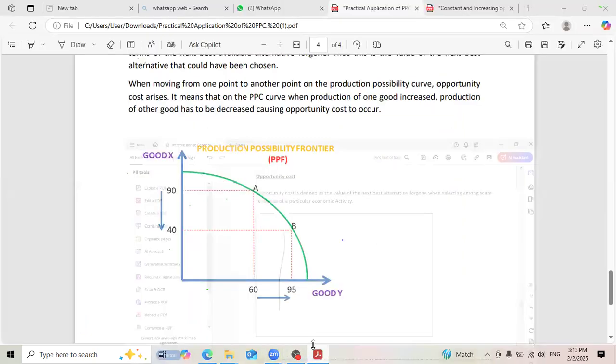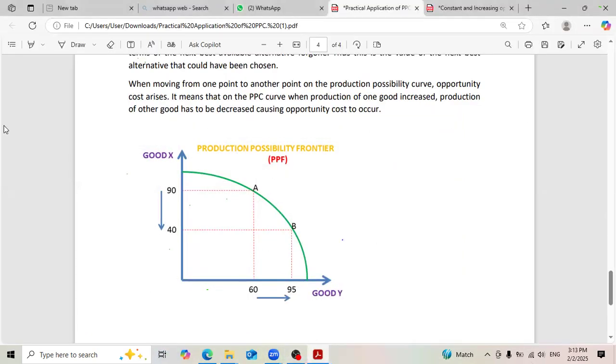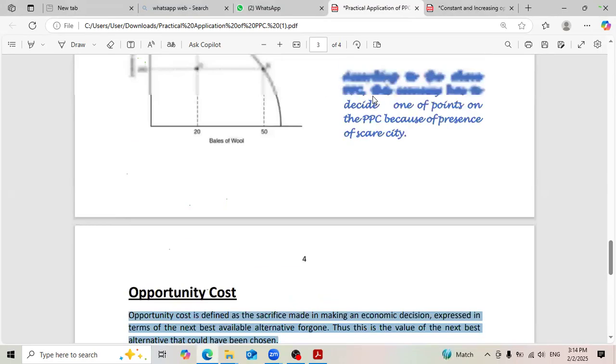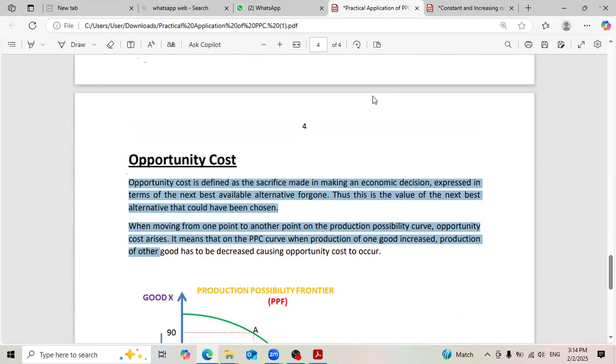Inside the box, you can draw this curve. Then there's a space after the curve. Then you can use this note. Opportunity cost is defined as the sacrifice when moving from one point to another point on the production possibility curve. Opportunity cost arises like that.